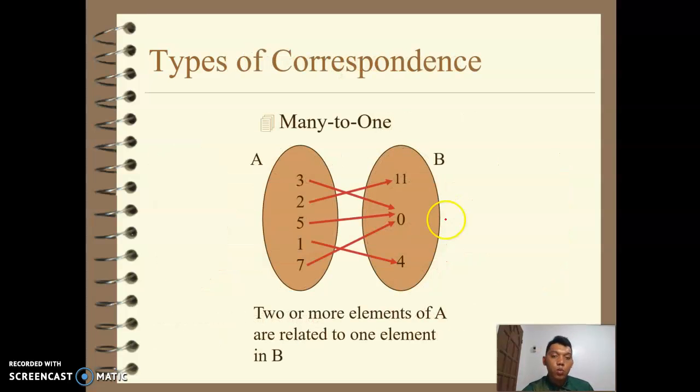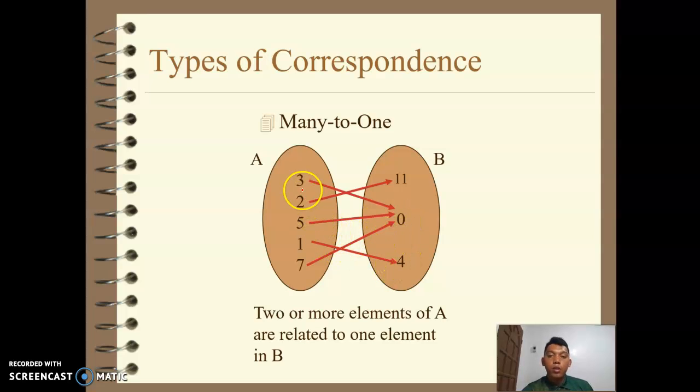And now the last one we have here, many to one. There is no repeating value in X, but they connect to the same value in the range, or in the second column. For example, 3, 5, and 7 connect with 0.